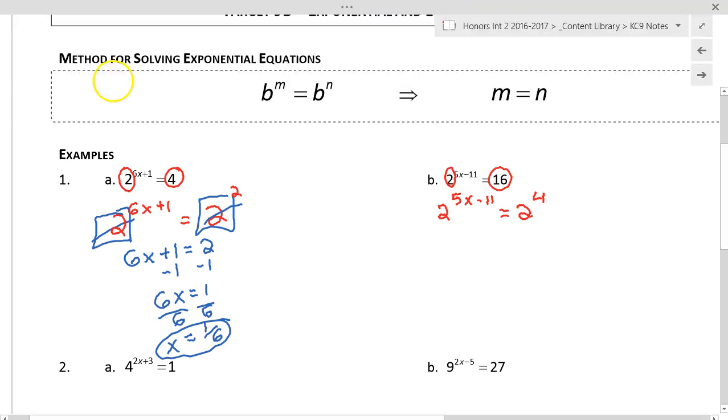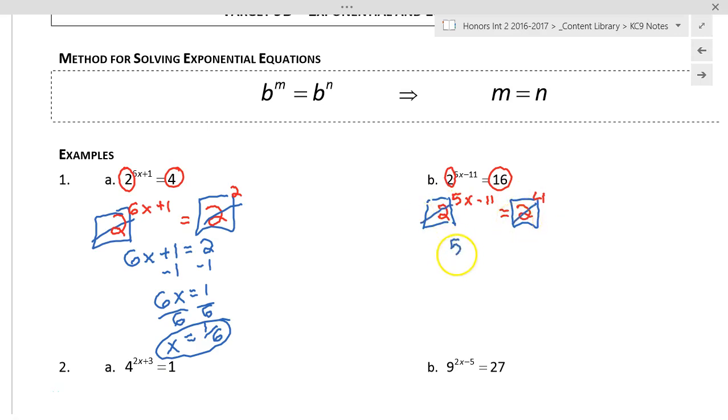I do have the same base, so my bases go away. I'm left with 5x minus 11 equals 4. From here, I'm just going to solve this equation. I'm going to add 11 to both sides. 5x equals 15. I'm going to divide both sides by 5. The 5s cancel out. X equals 15 divided by 5, which is 3.